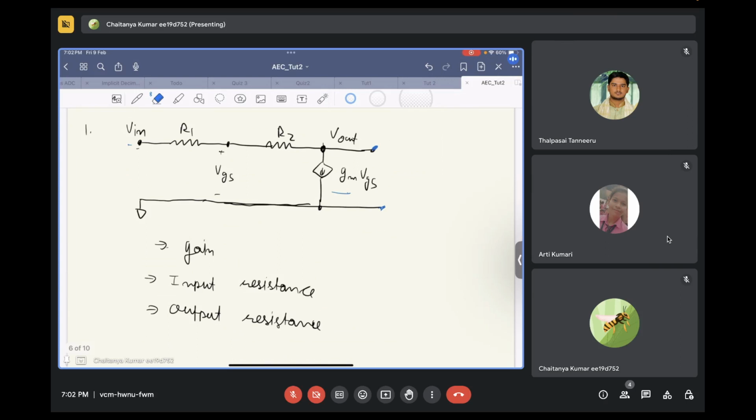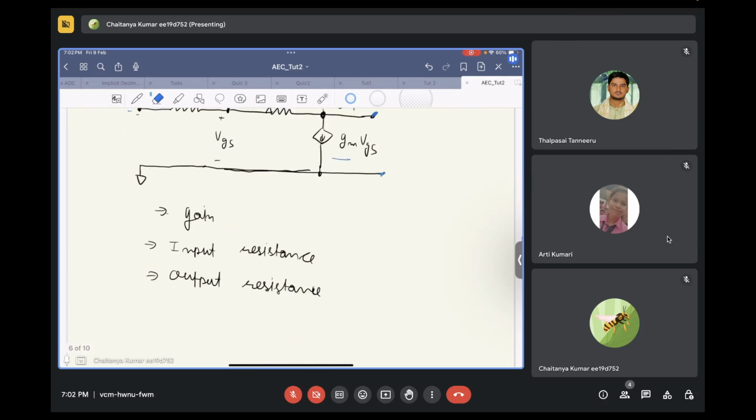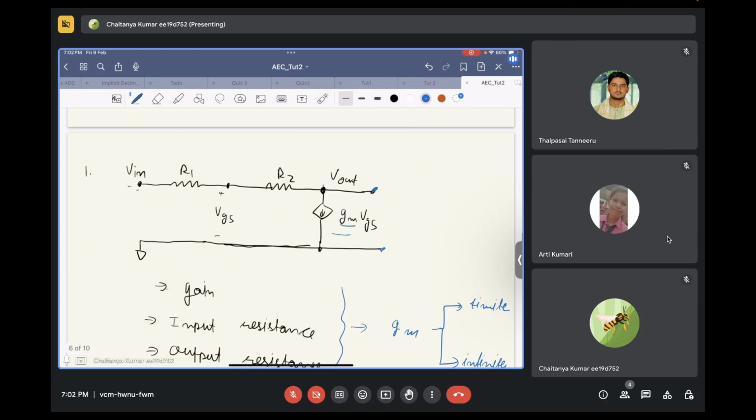In the second part of the question you have to find all of these when gm is finite and when gm is infinite. You understand what gm is? gm is the transconductance of this particular VCCS.